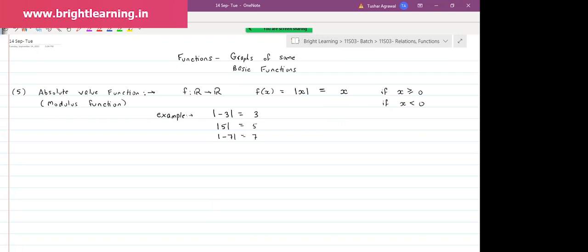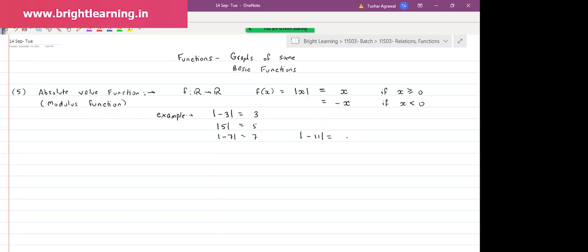If x is less than 0, like modulus of -3, you want the result to be 3. So you define this function to be minus of x. When I put mod of minus 11, your x is equal to negative 11.